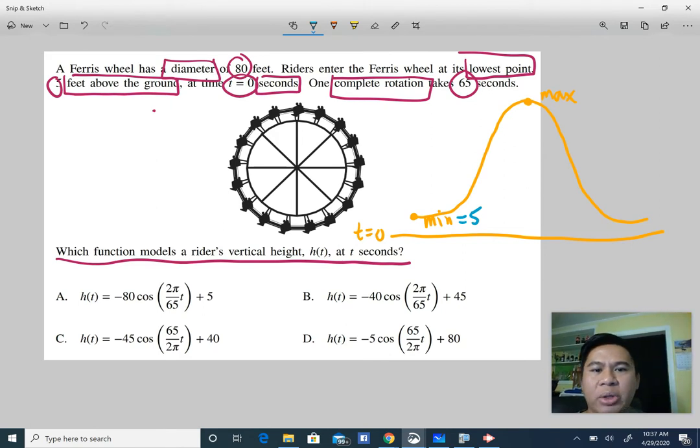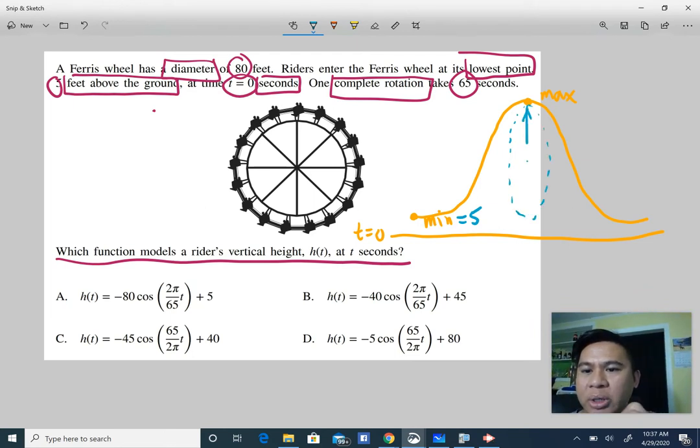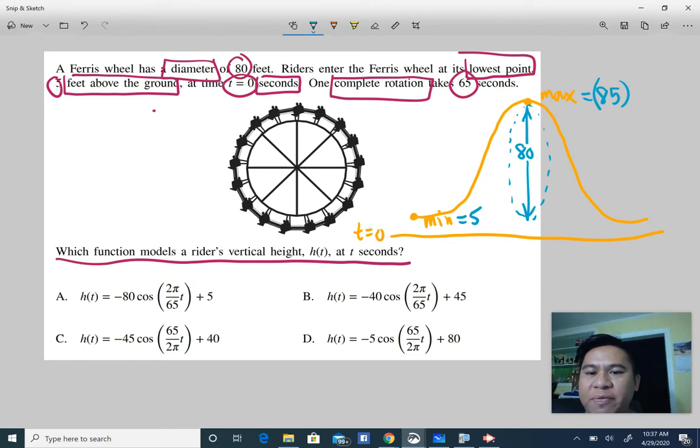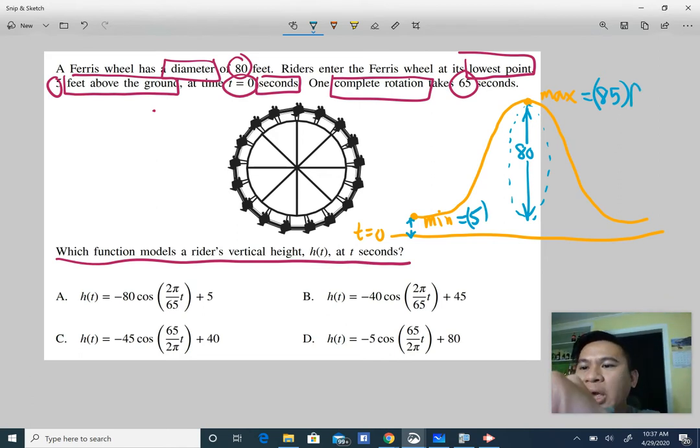Since the diameter of the Ferris wheel is 80, the maximum is 80 plus 5, which is 85 feet.